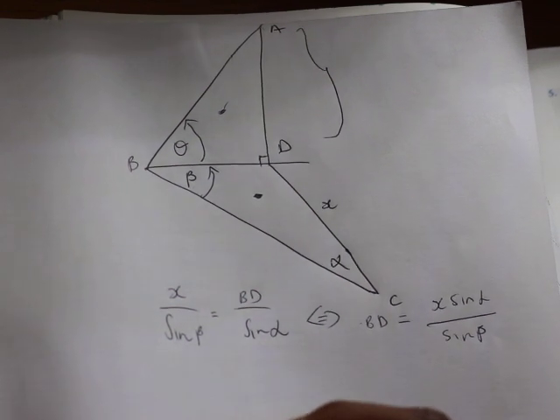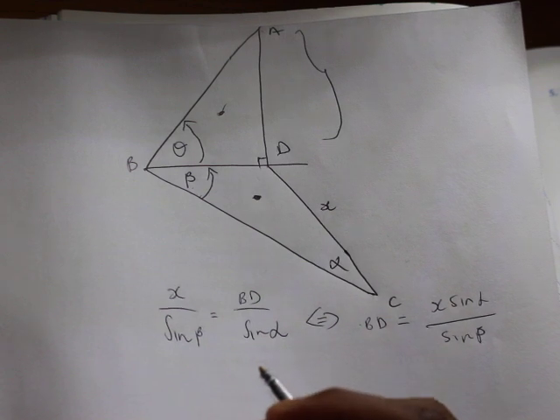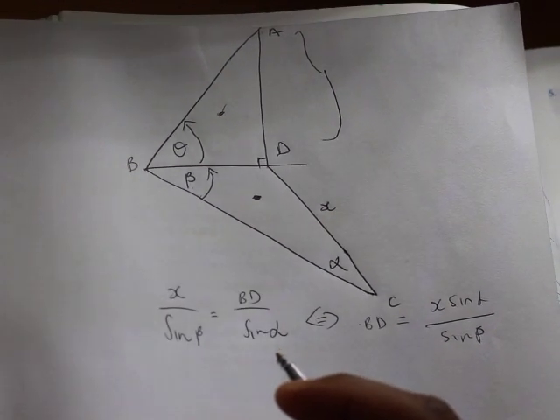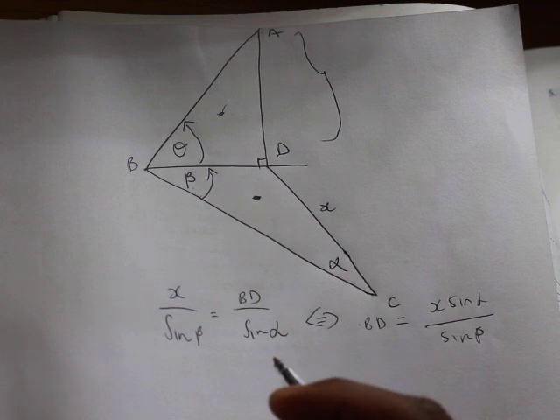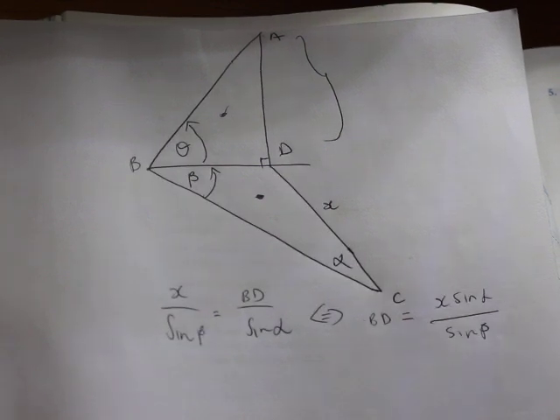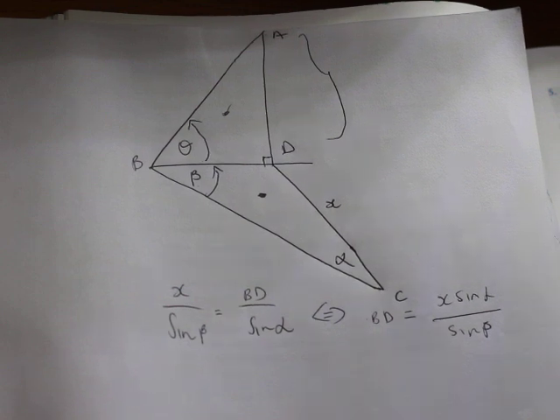Because remember, BD belongs to both triangles. It's actually the link. So when we say link method, you find the side which connects two triangles using one triangle, and once it's been found, use it in the other triangle. So that's the link.